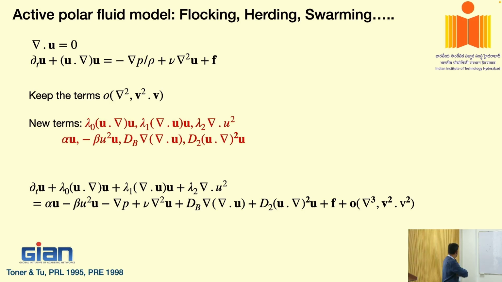For example, for the gradient of velocity, they said they would go up to second order. For velocity nonlinearity, they would go up to cubic order and not go beyond that. And if we keep these constraints in mind, let's see how many terms we can add to the Navier-Stokes equation.